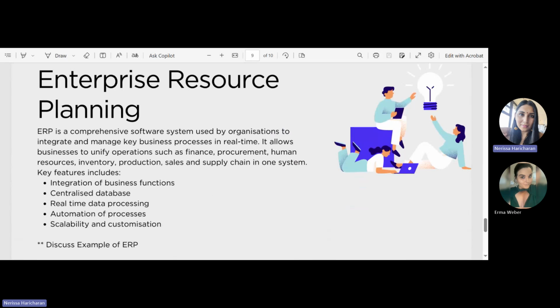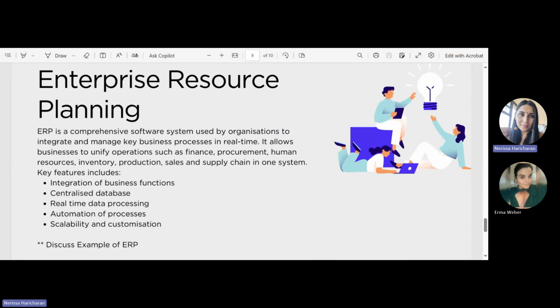Whether it is finance, procurement, HR, inventory, production, sales, or supply chain, they can use one system from an integration perspective to give them a centralized view of data and processes so that they can have as much efficiency in the decision-making process as possible.